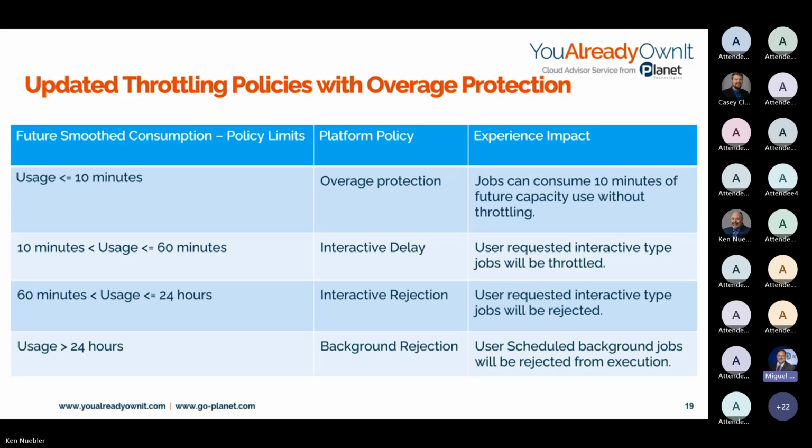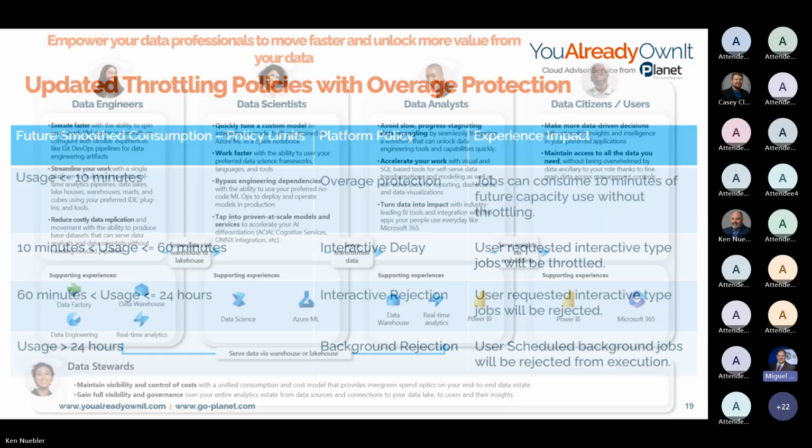So there is a significant amount of monitoring, not only from a Fabric perspective in the admin portal and notifications and so forth, but don't forget these capacities are typically sitting in Azure, so you have all of your monitoring capabilities there as well. Believe me, you'll get notified, okay? I just want to make sure you understand that throttling and finally background rejection, rejected from execution. Go next slide, please.